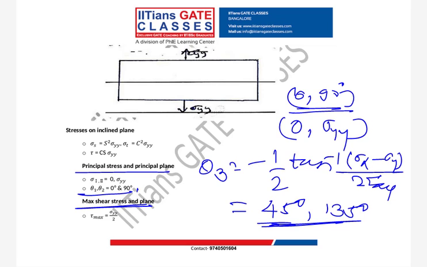Is it clear? Sir, why 90 by 2? You got 45 from 90 by 2, no? So you didn't get why I have written this? Tau xy is 0, no?